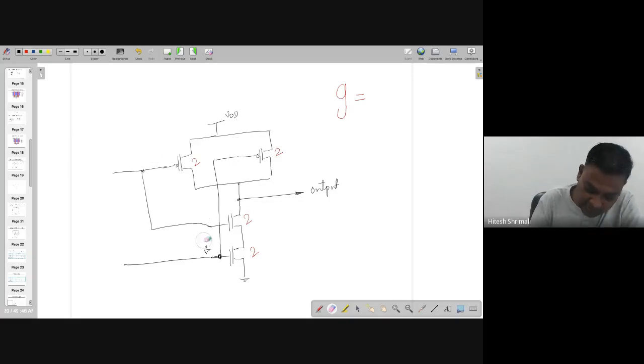So there are two inputs, one is A and one is B. In A and B, you have to take care of only one. So if you are looking here, 2 is here and 2 is here. So if I'm looking at the one input A, the effective capacitance is equal to 4.